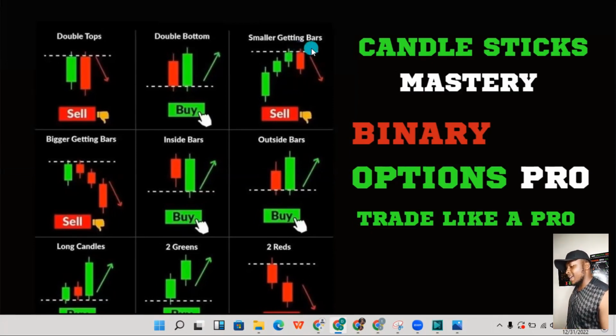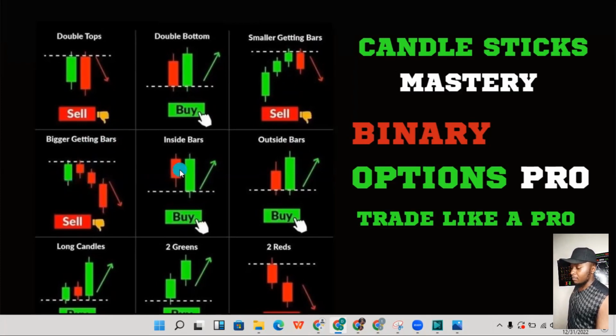So the moment a red candle shows up, you know this has formed a double top, with the green candles decreasing in momentum. That is telling you that your entry point is ready. You should sell. Bigger getting bars, on the other hand, already show that the trend is over completely and it's moving down completely. You can get into a sell.